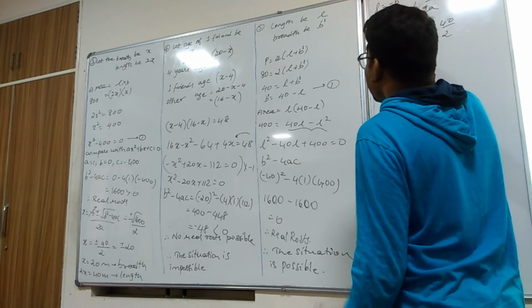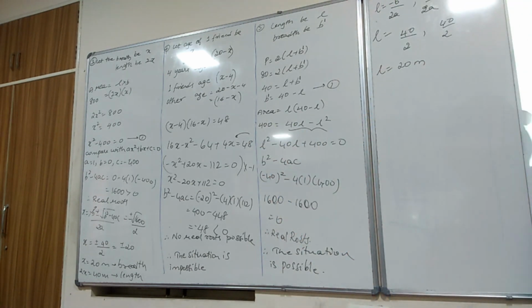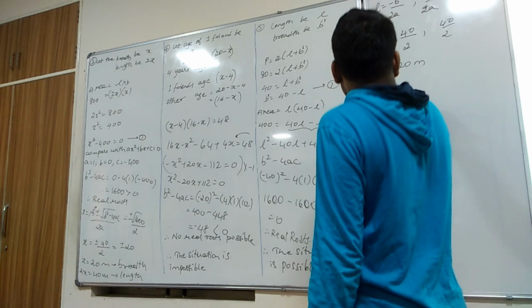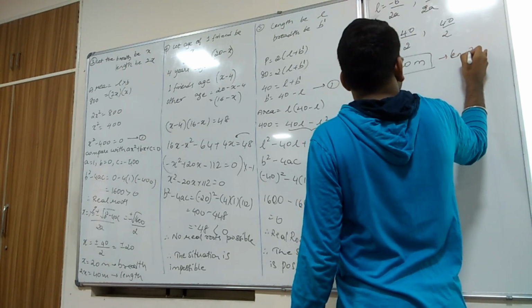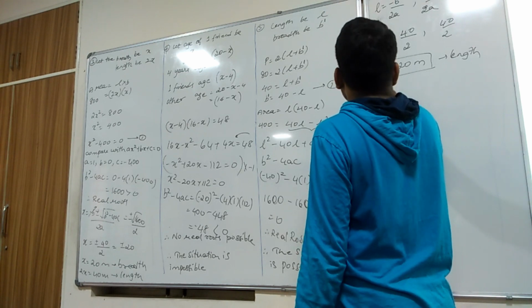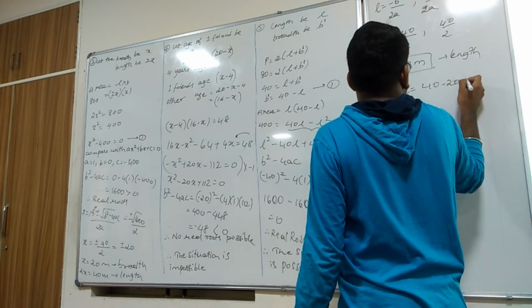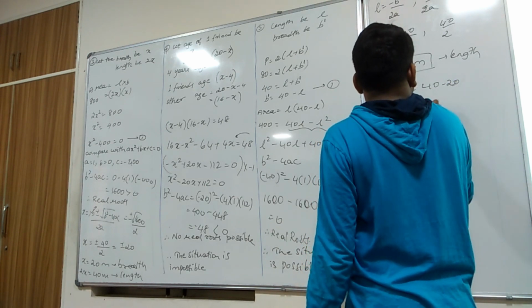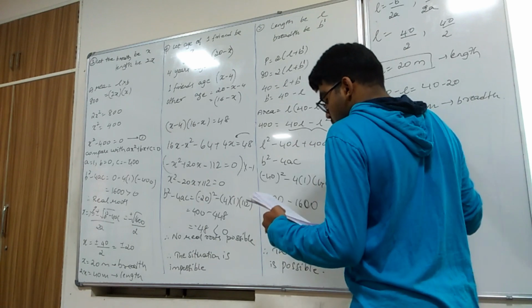Length is equal to 20 meters. It's a park, so the length is 20 meters. So 40 minus L is the breadth. Doubt?